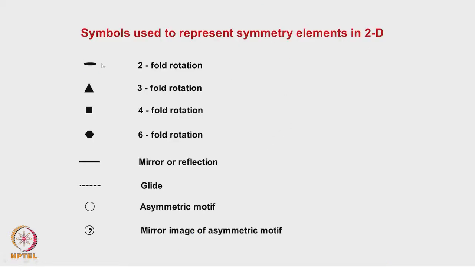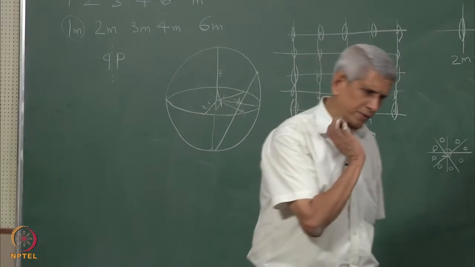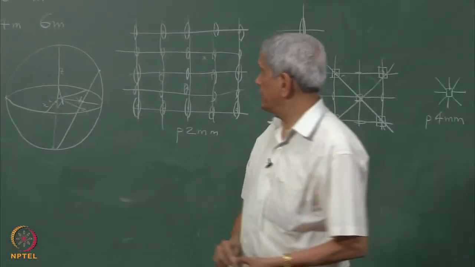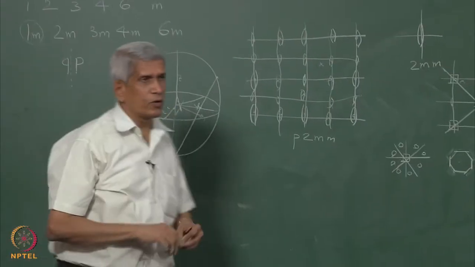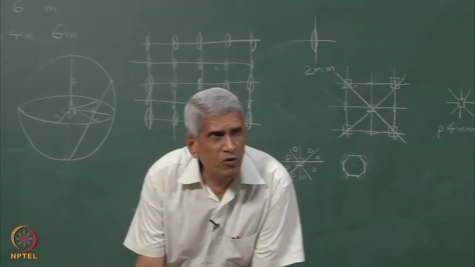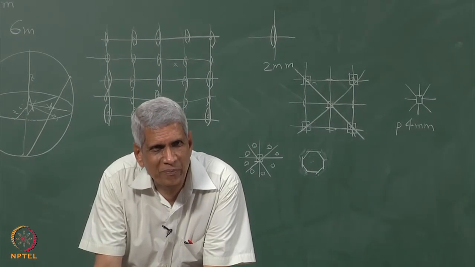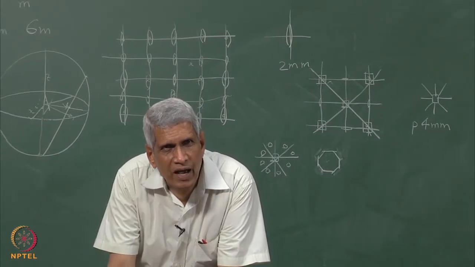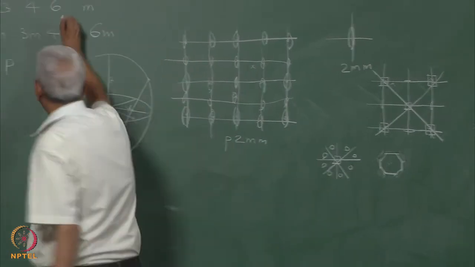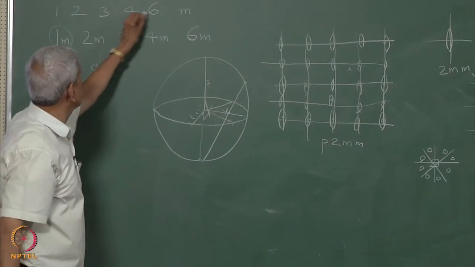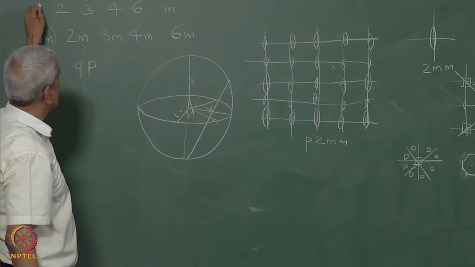In fact, these are all the types of symbols which we use for 3-fold, 4-fold, then 6-fold. Another thing we should consider is the factors: 4 is 4 into 1, or 2 into 2; and similarly if you look at 6, it is 6, 3, 2, 1.